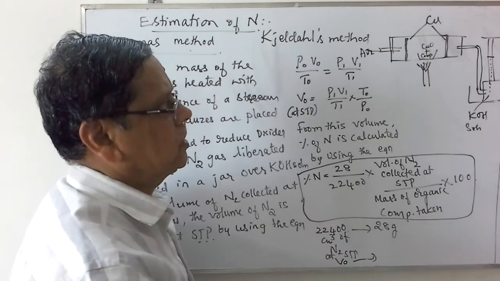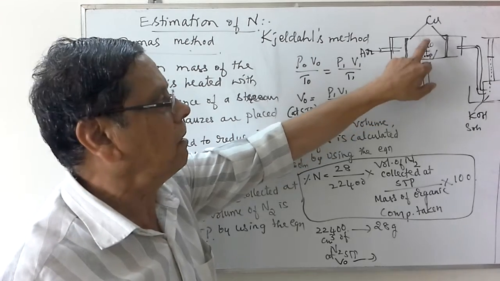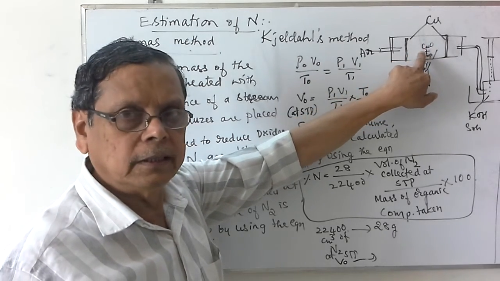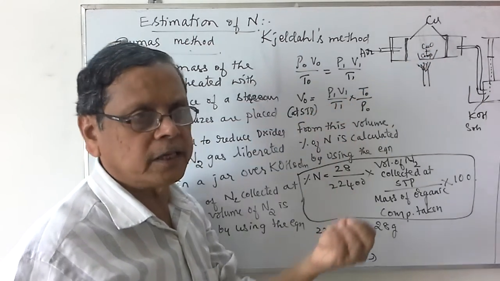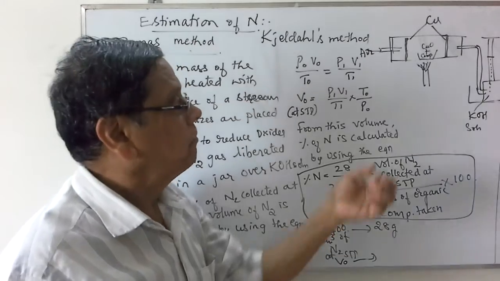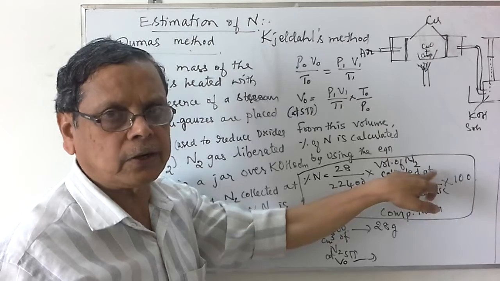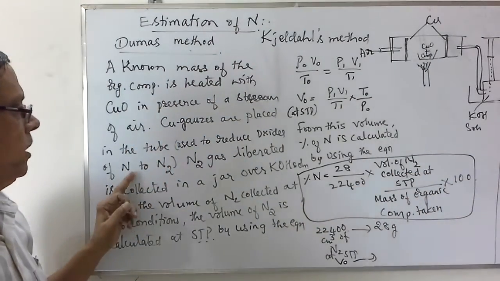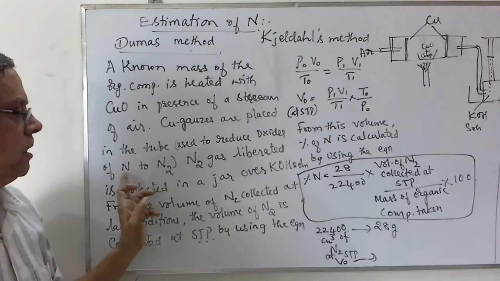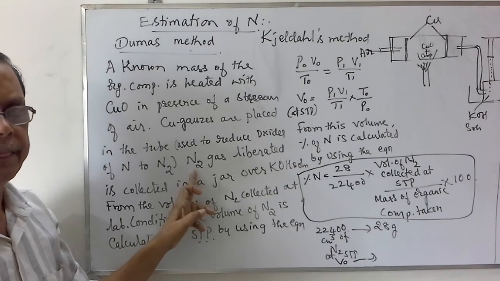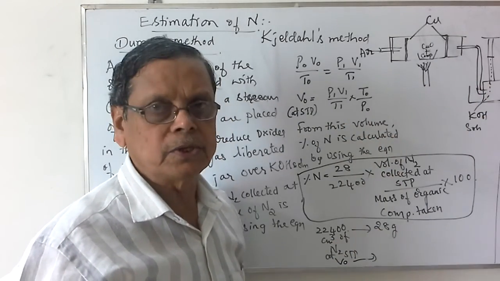So we can write the reactions for this. Whatever nitrogen is present in the organic compound is oxidized to nitrogen gas. In presence of the cupric oxide, some oxides of nitrogen can also be formed. But because of these 2 copper gauzes, those oxides of nitrogen will be reduced back to nitrogen gas. This nitrogen gas liberated is collected over the potassium hydroxide solution.